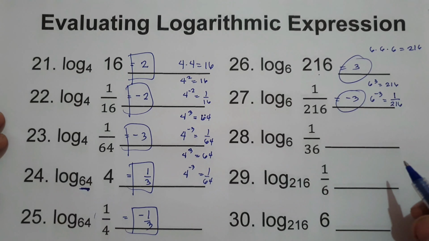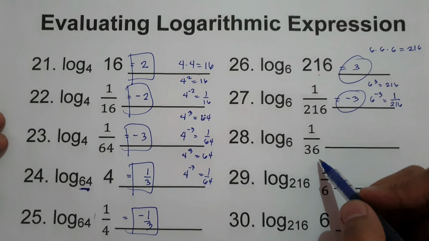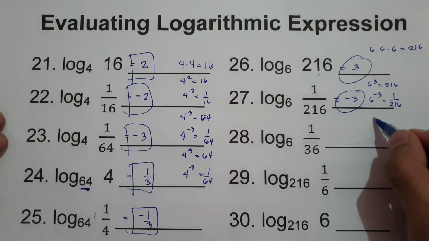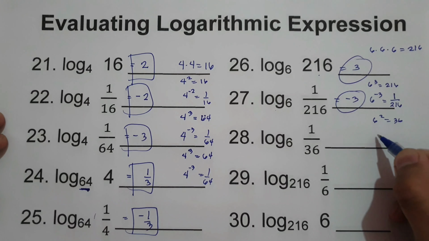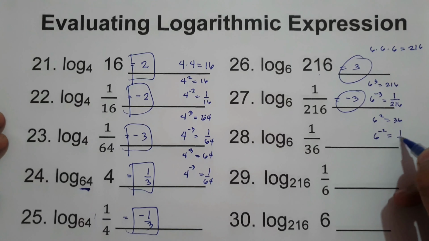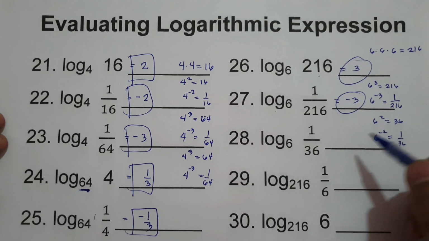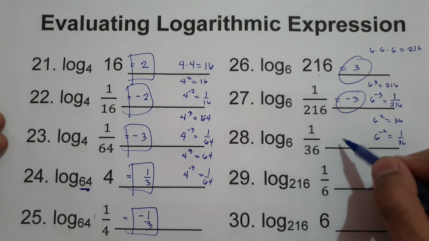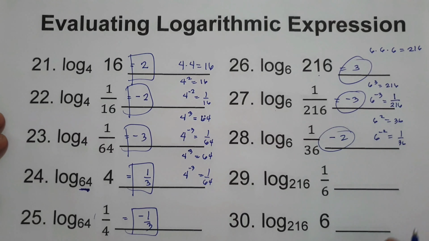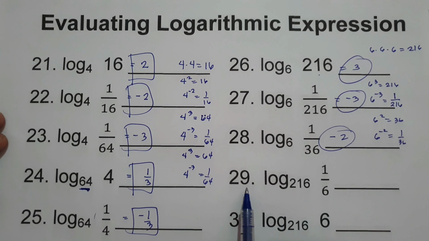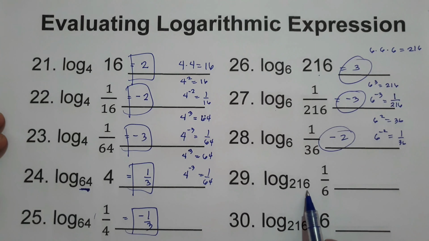How about number 28? Log 1 over 36 to the base 6. 6 squared is 36. 6 raised to negative 2 is 1 over 36. So therefore, log 1 over 36 to the base 6 is negative 2. What about number 29? Log 1 over 6 to the base 216.